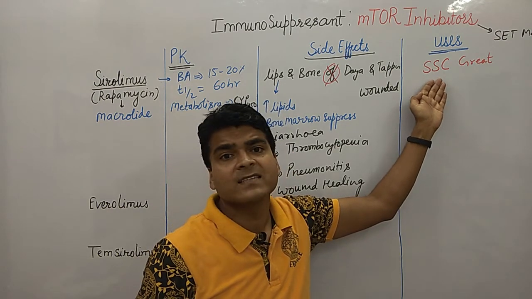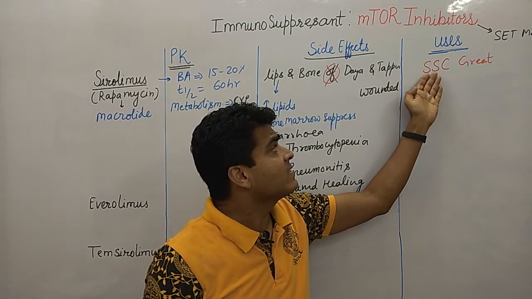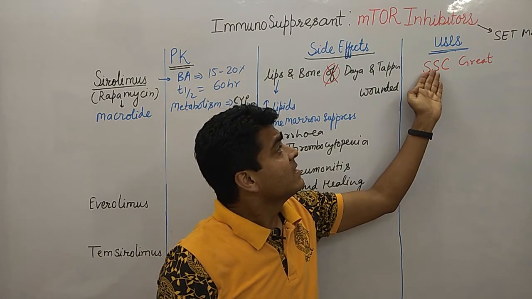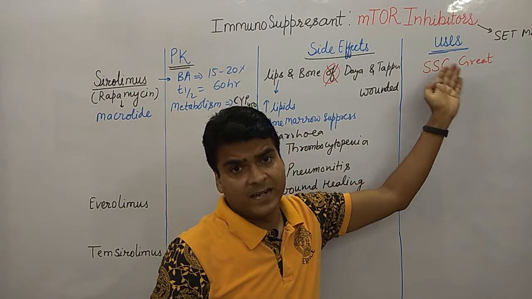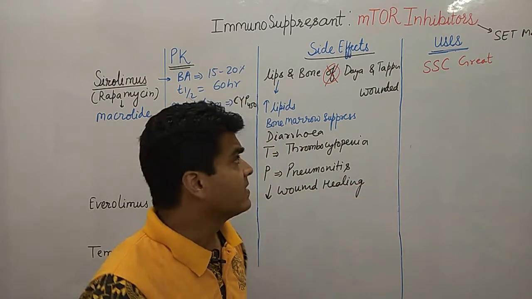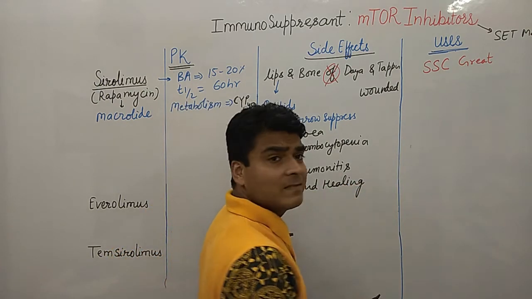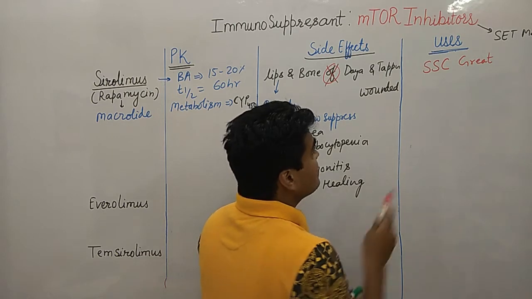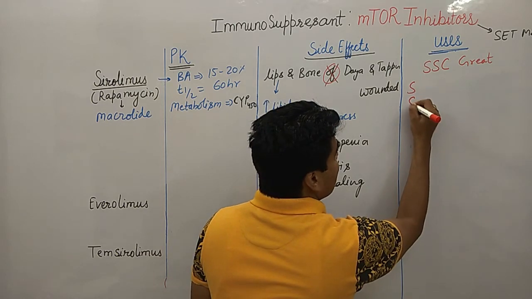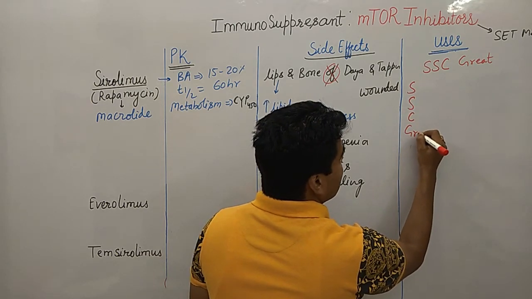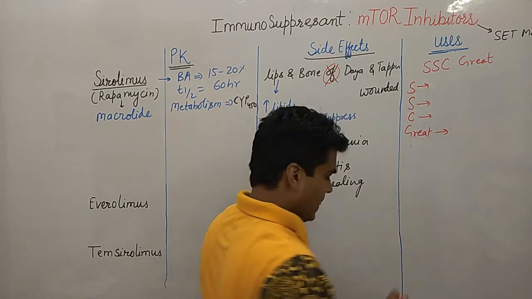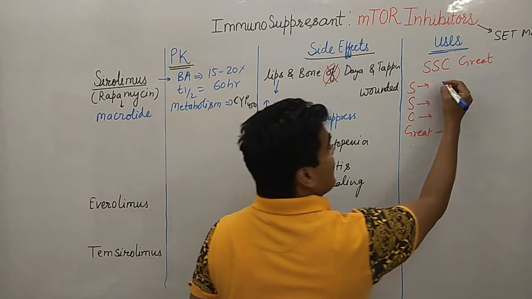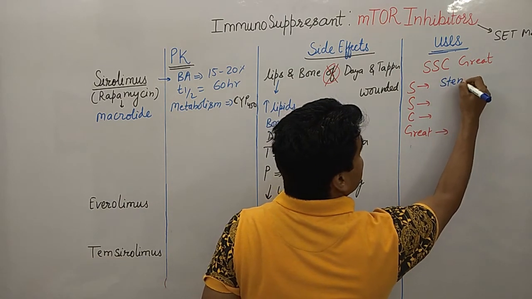These Staff Selection Commission exams are great. SSC GREAT. So what does it mean? This is S, S, C and GREAT. What do these letters mean? S means stem cell transplantation.